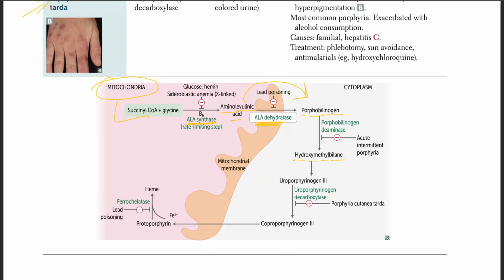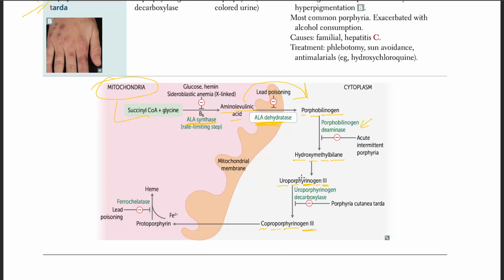That porphobilinogen becomes hydroxymethylbilane by the help of the enzyme porphobilinogen deaminase. That hydroxymethylbilane forms uroporphyrinogen 3, and that forms the coproporphyrinogen 3.